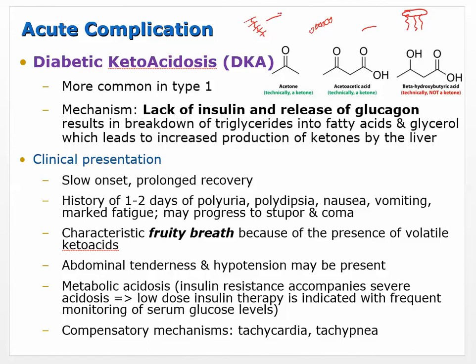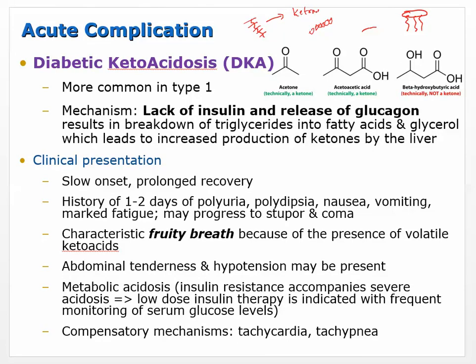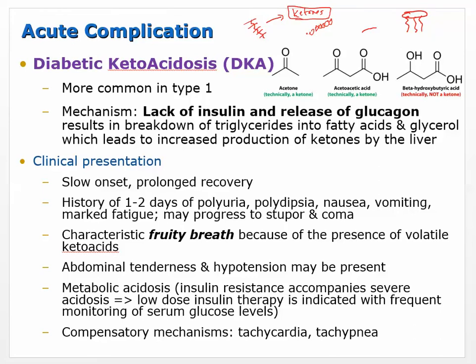Okay? When we break down fatty acids, we produce something called ketones, which are a form of energy, and they can be used as energy, but they tend to be acidic when they build up to really, really high levels. So people on a keto diet or something like that, they can adjust because the body has all these regulatory mechanisms in place.